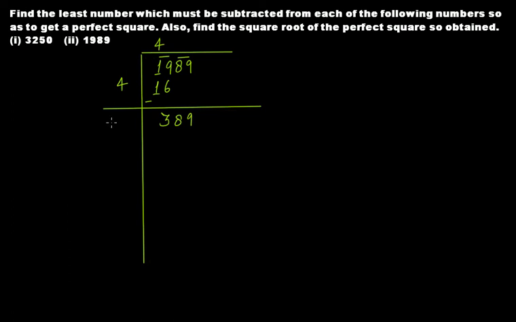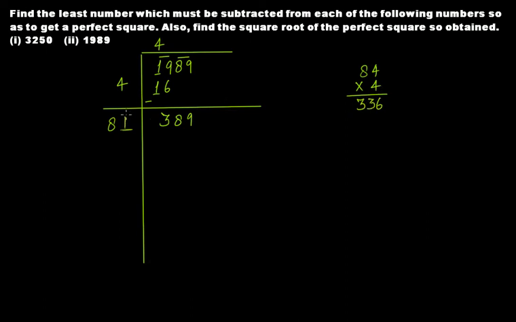Now 2 times 4 is 8, right? If we put this blank space here and if we have to check it, what can we get here? 8 times 3, or we can take 8 times 4. 8 times 4 is 32, and this becomes 336.